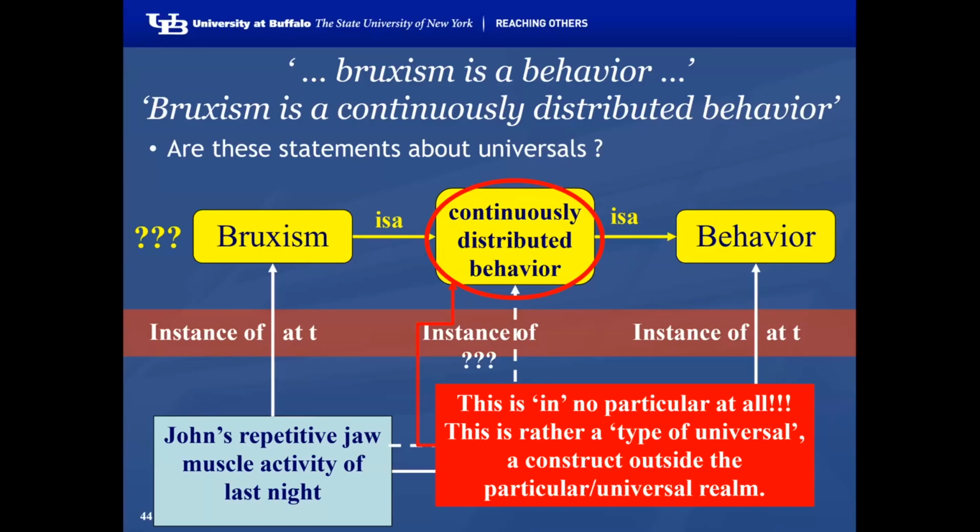Now, but if you take individuals' temperatures, okay, you will see that they are slightly different, okay? So they are also continuously distributed over different patients, okay? That bruxism here, continuously distributed behavior, what they mean is exactly in the same sense.